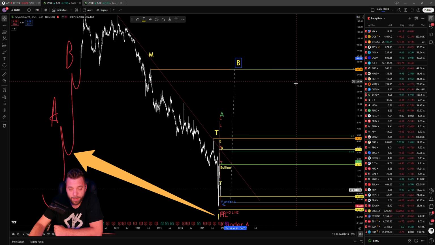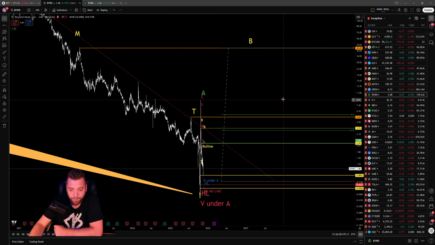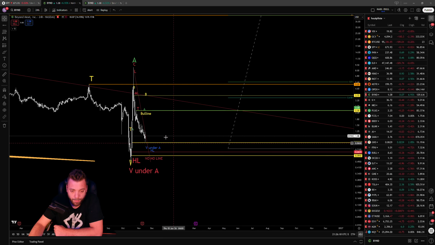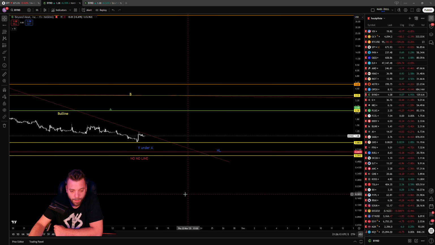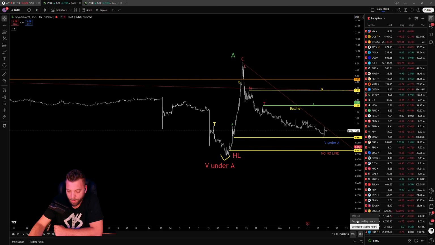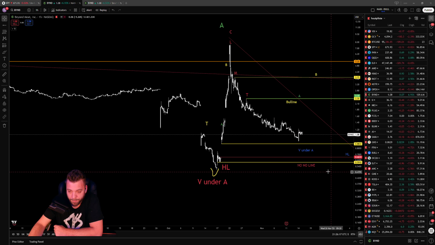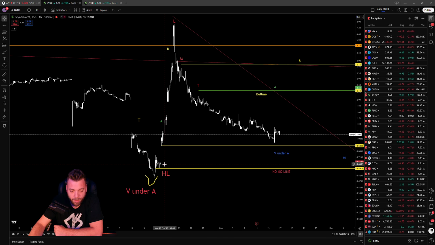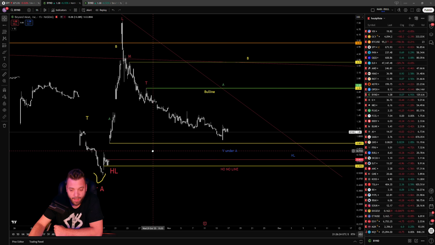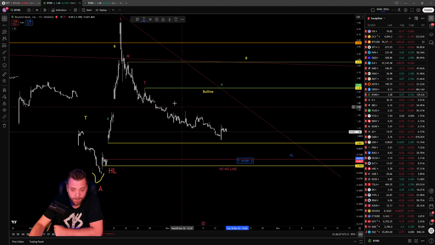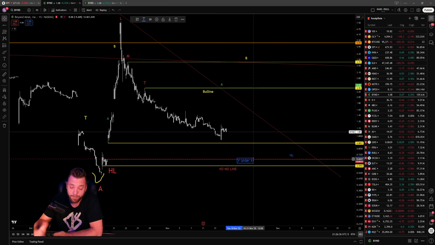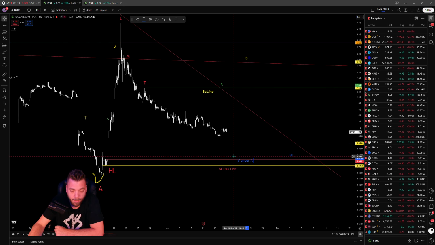Because here's our M line, this would be our B. So, if you look at the 1 hour, on regular hours, you will see you have a gap here, exactly under the V under A. So I would expect, because if we start this bullish run, we won't see this level here for quite a long time, even if we see it ever again.